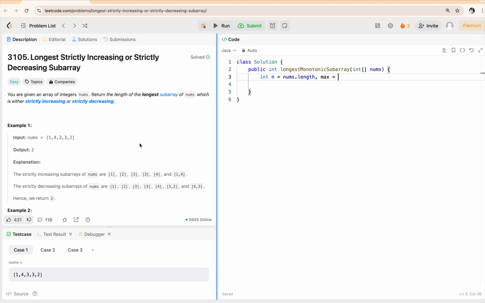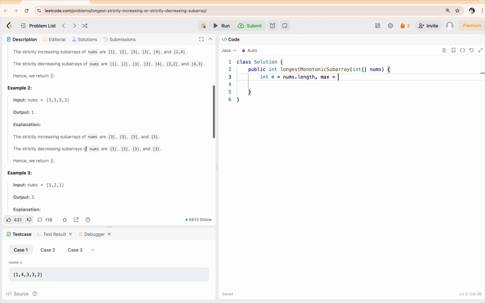If you take a case where all elements are equal, it is neither strictly increasing nor strictly decreasing, so the max is 1. Why? Because every subarray consists of only a single element. So max is defined to be equal to 1.